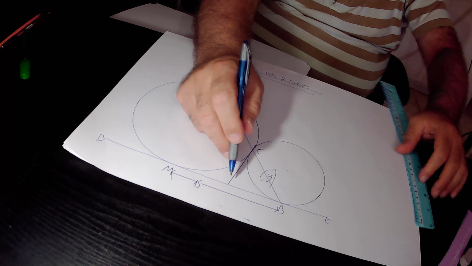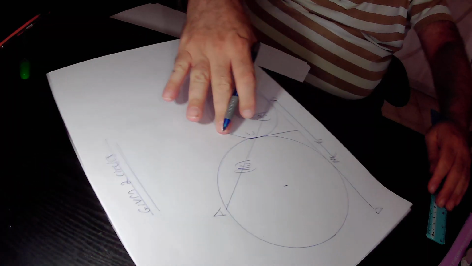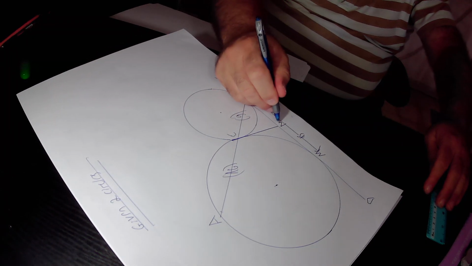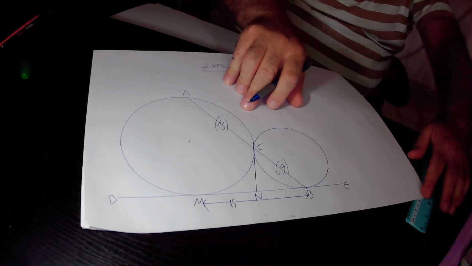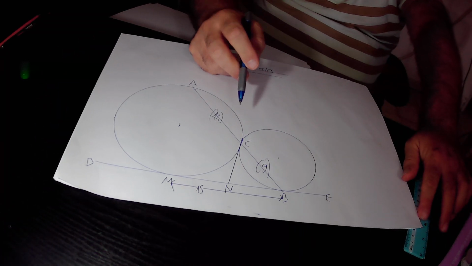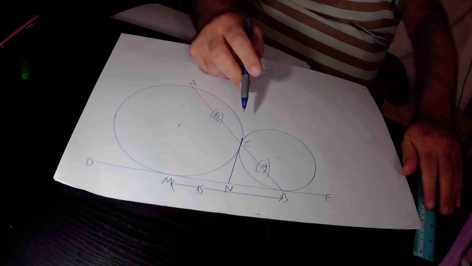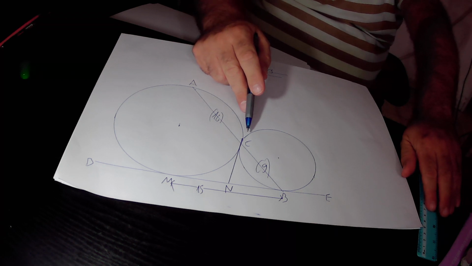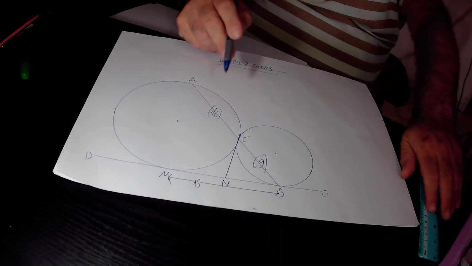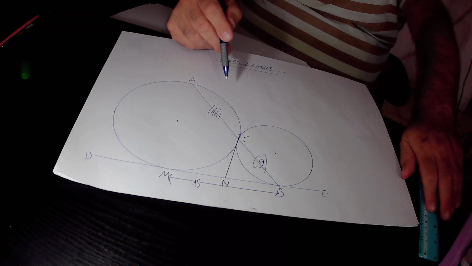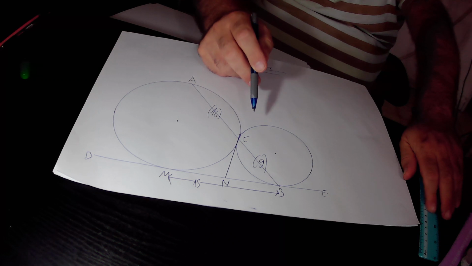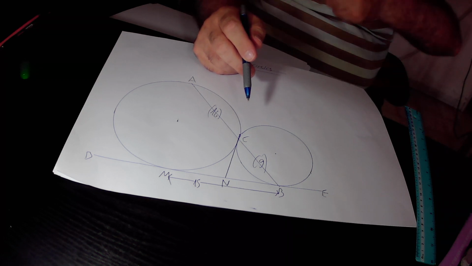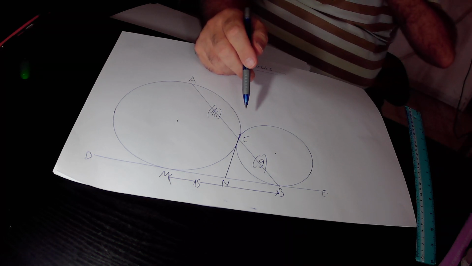This point is point N. Actually, the common tangent CN is tangent to both circles. The common tangent CN is tangent to this small circle at point C, and it is also tangent to this big circle at the same point C. So CN is a common tangent that belongs to both circles.